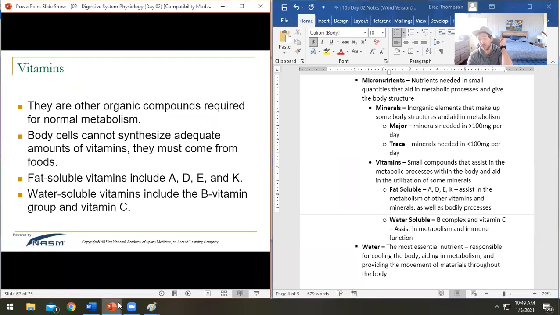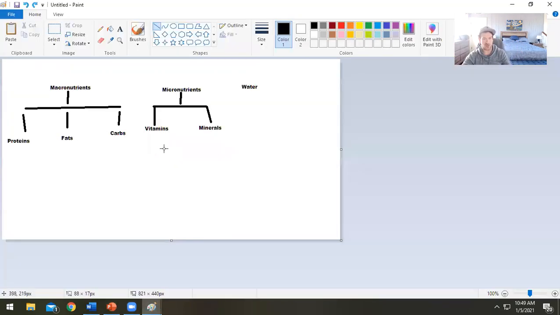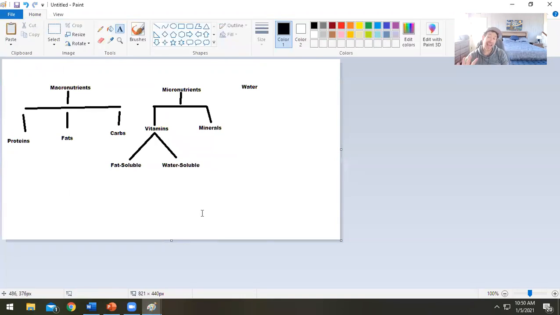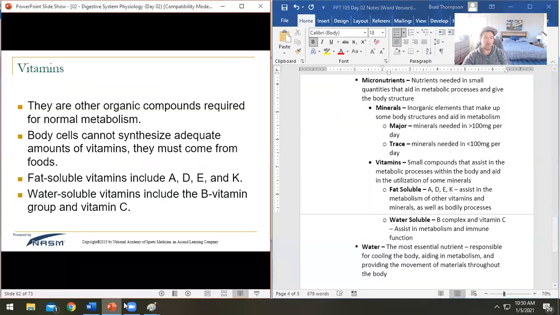But vitamins, what those are, you've got 2 categories here, right? So I'm actually going to go back to my chart here. So vitamins, you've got 2 versions. You have got fat soluble and you have got water soluble. Okay, so there's 2 different categories of vitamins.